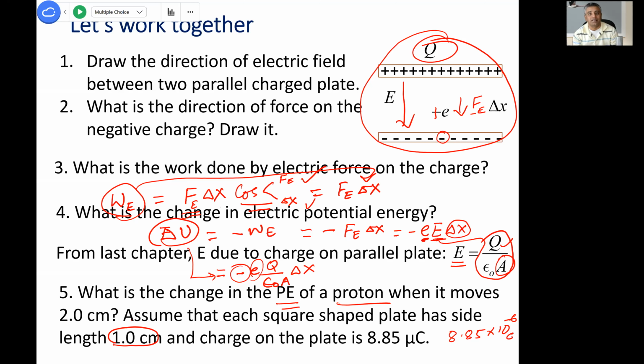It's not being pushed or pulled, right? We are just putting a positive charge there. So which way is it going to move then? It's going to move this way. Positive charge is going to move this way. Okay, so what happens in this case? Displacement is in that direction, field and force are also in the same direction. So the angle between them is 0 degrees.